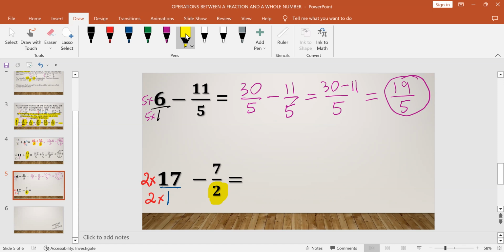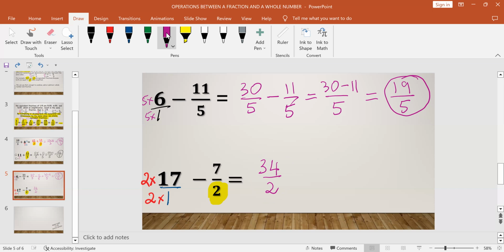So I have to use a number which is the denominator of the other fraction. So we're going to have 2 multiplied by 17, which is 34, divided by 2. And yes, if you want to check, we do 34 divided by 2, that gives you 17.